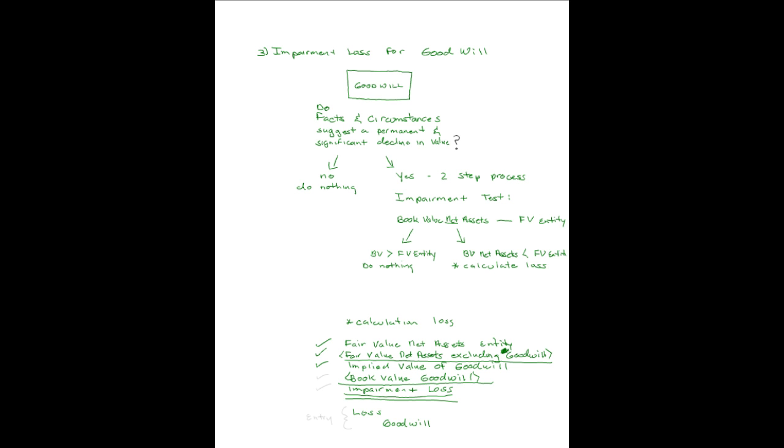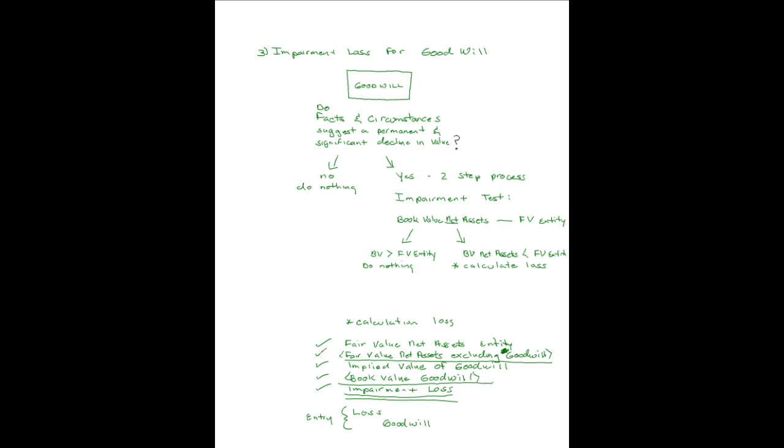Both of those are difficult numbers to come up with. Thank goodness you only have to do this when facts and circumstances suggest. Take the implied value of that goodwill and subtract the book value of the goodwill, which will be left where you recorded it, since we don't amortize goodwill. And the difference is an impairment loss, which you record with that entry.